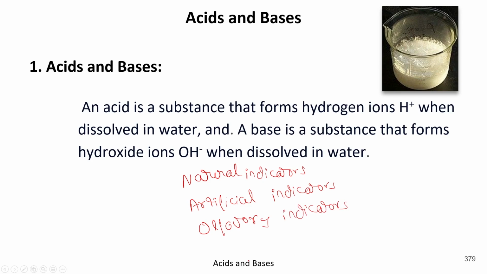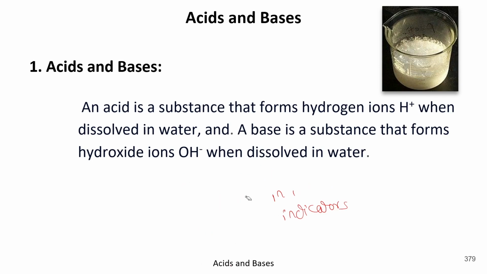So these are the basic three indicators which we use to find out whether the solution placed in front of us is an acid, a base, or normal. Got it? But in this chapter, we are going to talk particularly only about acids and bases. Okay. So let's start.